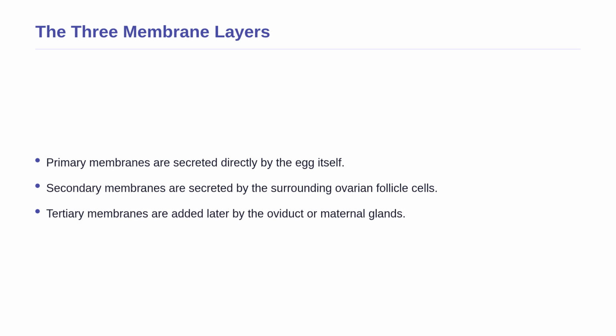Secondary membranes, on the other hand, are secreted by the ovarian follicle cells that surround the egg, like the tough chorion found in insect eggs. Finally, tertiary membranes are added much later by the oviduct or maternal accessory glands after the egg has left the ovary. This includes the thick jelly coat of frog eggs and the hard calcareous shell of bird eggs.